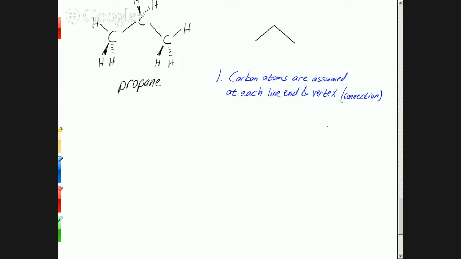So anywhere a line ends or connects with another line, we assume that there's a carbon atom there. That means here we've got 1 over here, 2 where these 2 lines connect, and then 3 at this end. So those correspond to 1, 2, and 3 in the previous structure. This is where this geometry really helps us out because we have to put those angles in because that tells us there's carbon there. If we just drew a straight line, we wouldn't know how many carbons were represented by that line because we couldn't see that connection in the middle.